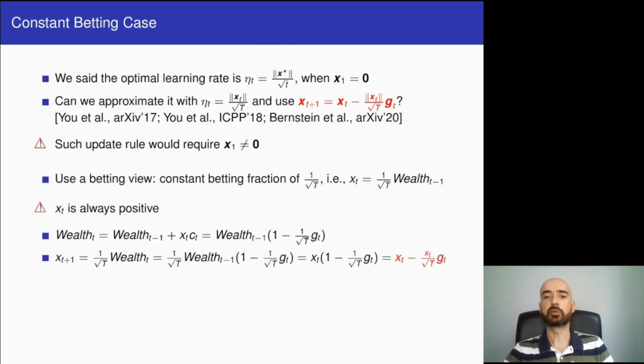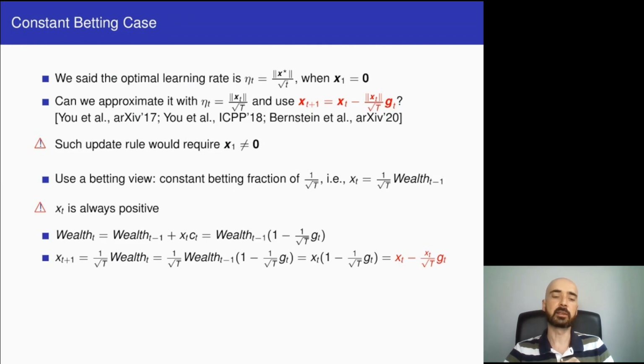What you do is that you say, I bet a constant fraction of my money, 1 over square root of big T. And so in each round, you bet 1 over square root of T multiplied by the wealth. Now, x_T is always positive in this way, by the way. The wealth is always updated in this additive way. And so given that we bet in this way, it's also updated in this multiplicative way.